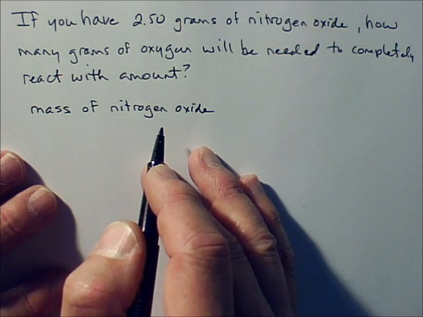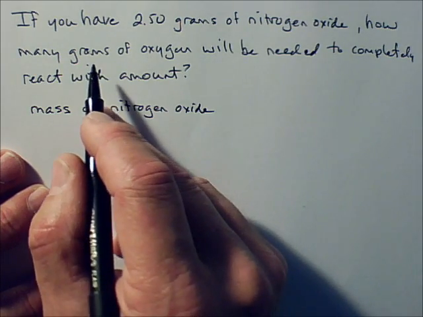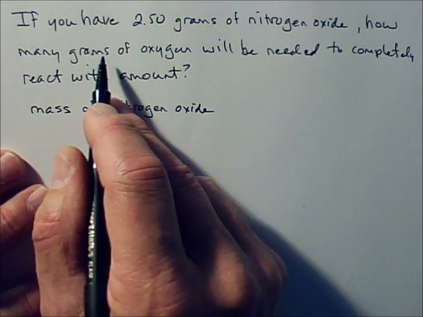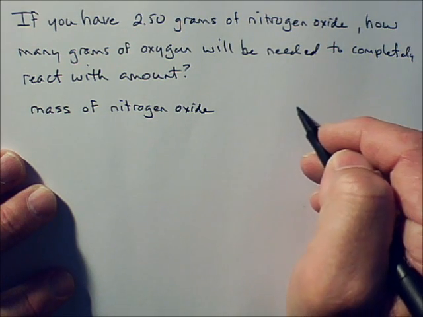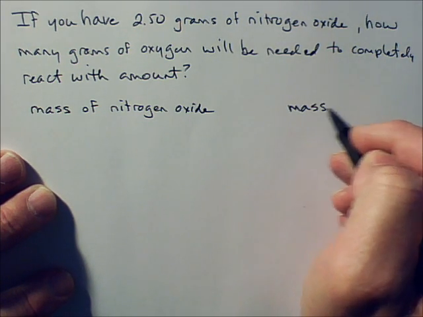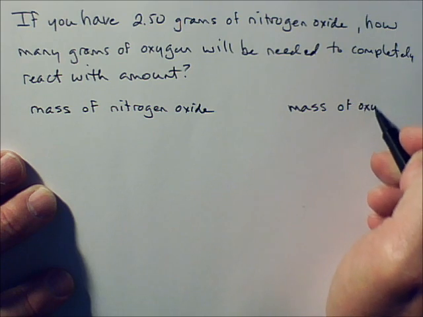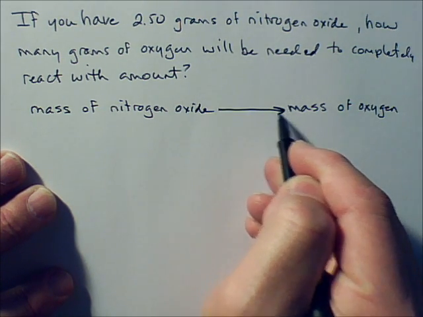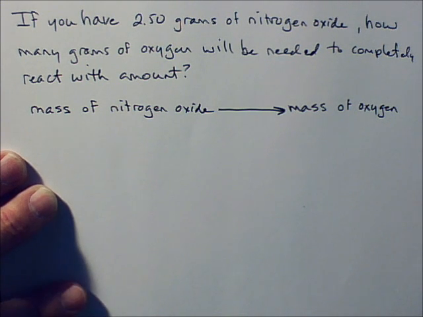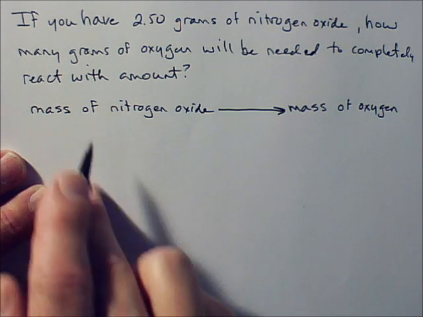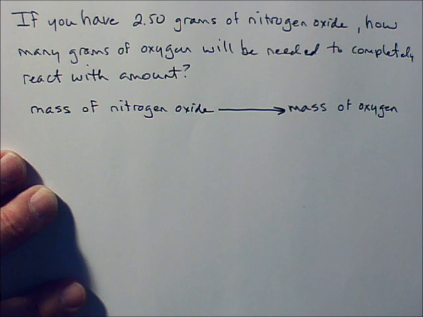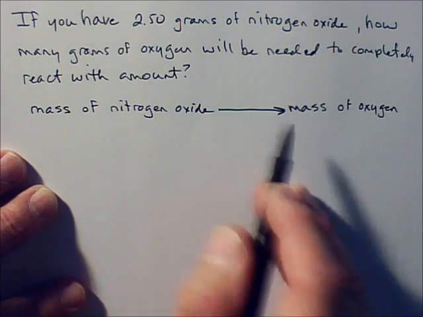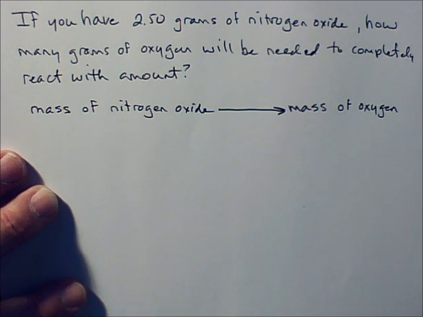So we're going from the mass of nitrogen oxide to a mass of oxygen. Grams measures mass. So we're trying to get from here to here. You can't get from here to there, not directly anyway.